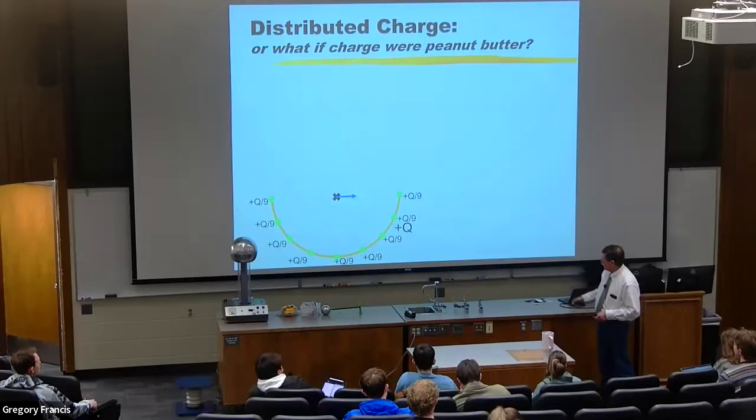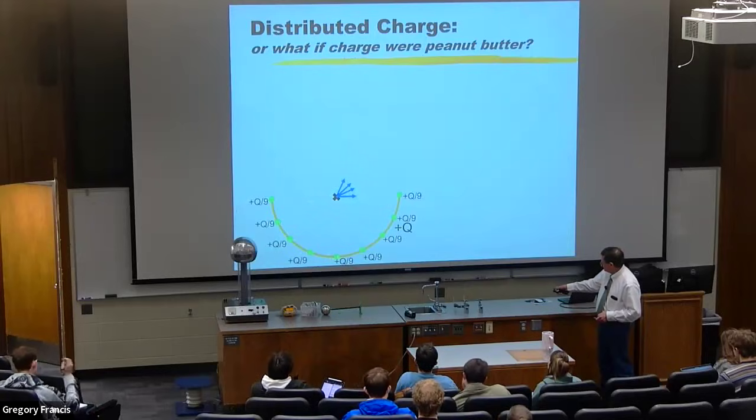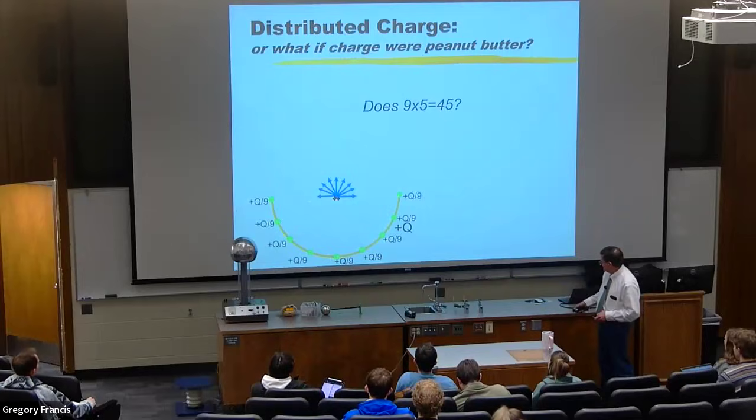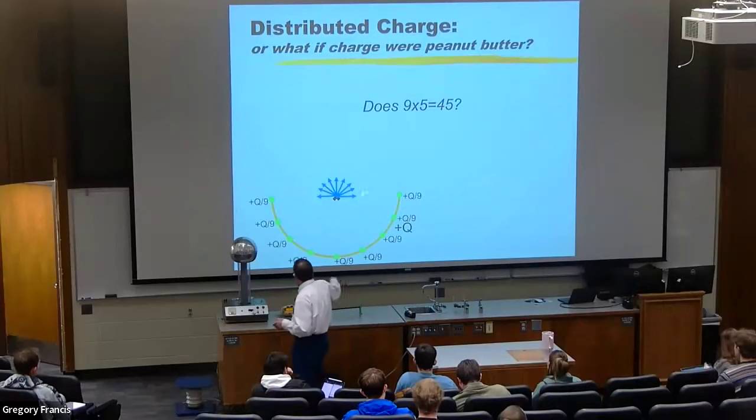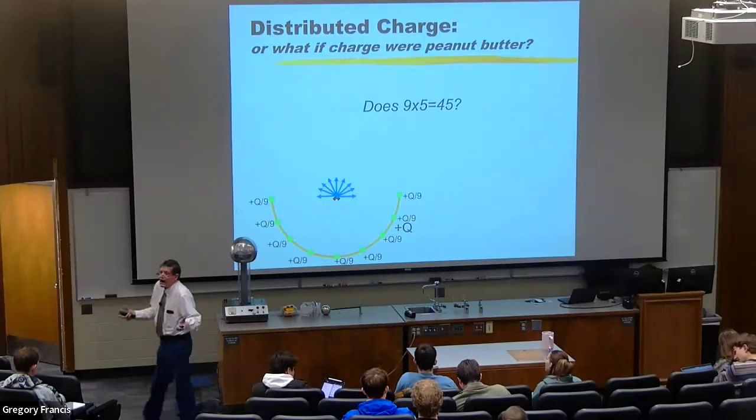The next one would be away, and this one would be away, and this one at the bottom would be straight up. This one would be away, this one would be away, this one would be away, and this one would be away.